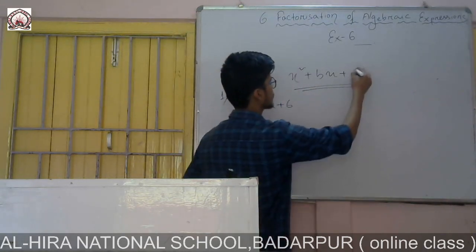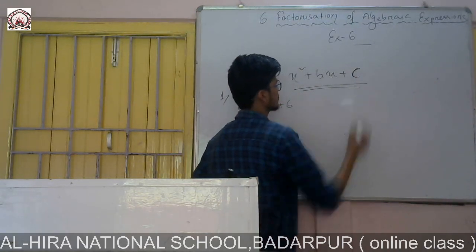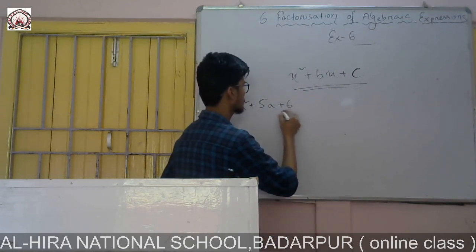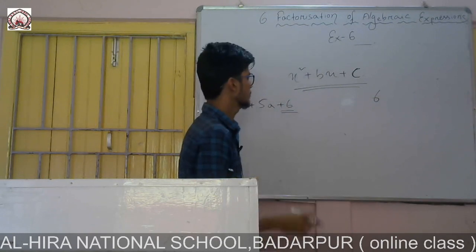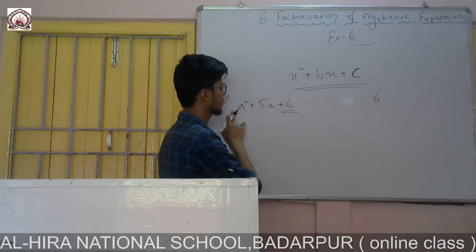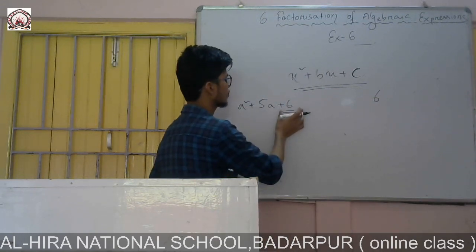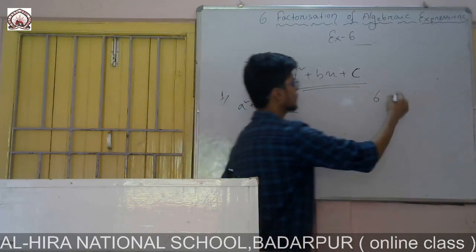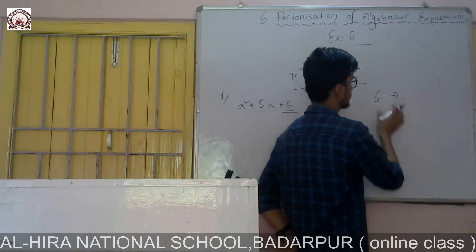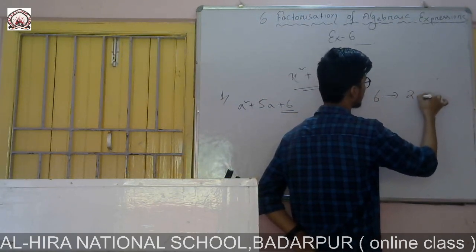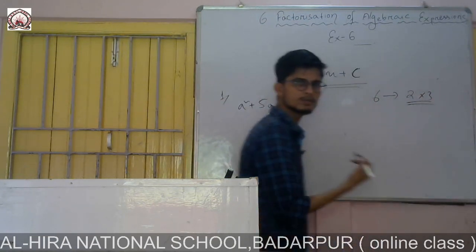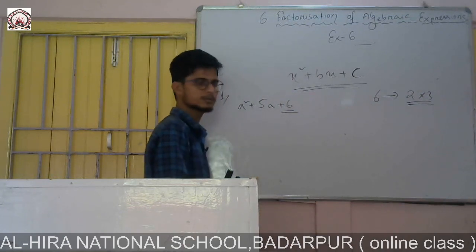So first of all I will write c, the constant here, which is plus 6. 6 into 1 is 6, so you multiply with this one. So in this case only you will take the constant term and you will find the factors. The factors of 6 I can write directly as 2 into 3.